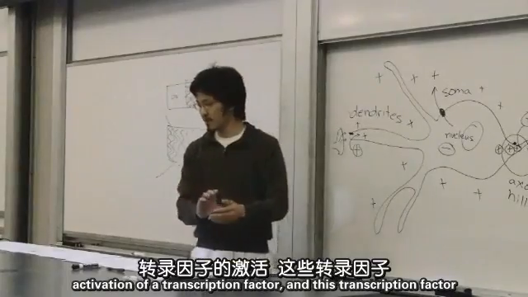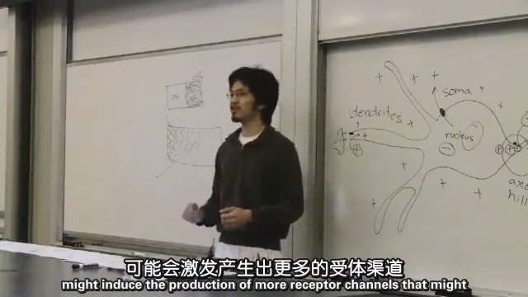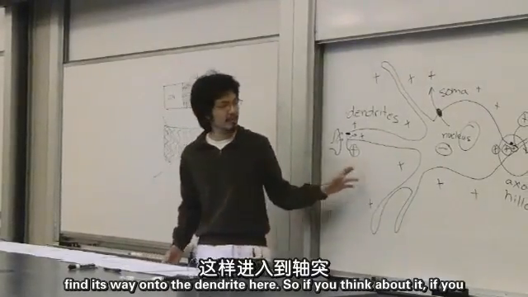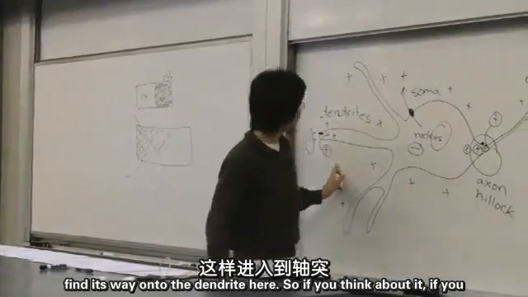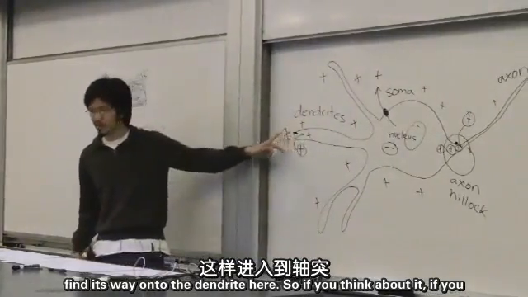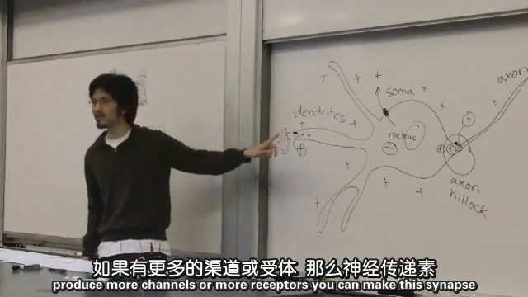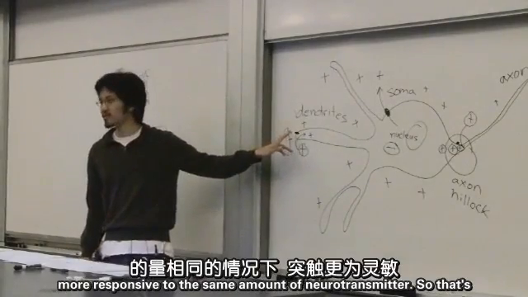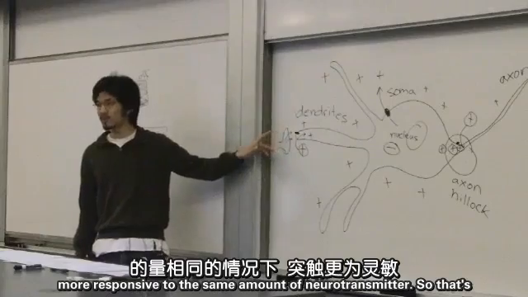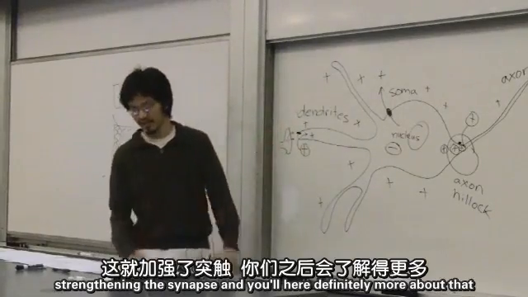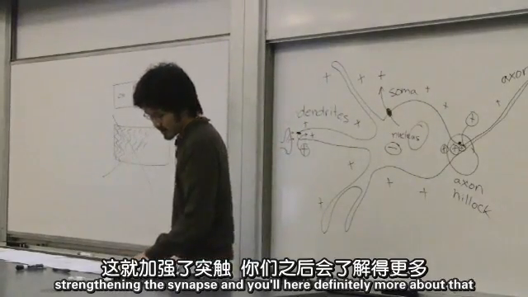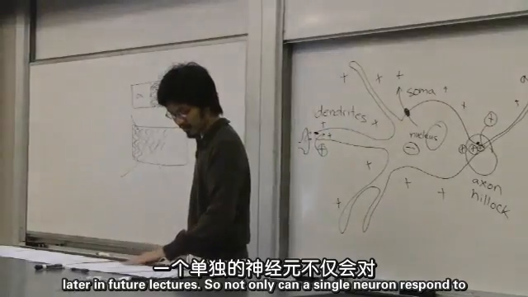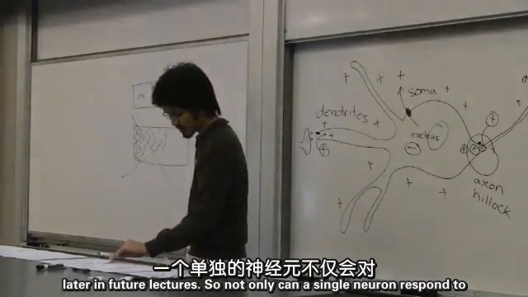This transcription factor might induce the production of more receptor channels that might find their way onto the dendrite here. If you produce more channels or more receptors, you can make this synapse more responsive to the same amount of neurotransmitter. So that's strengthening the synapse. And you'll hear definitely more about that in future lectures.